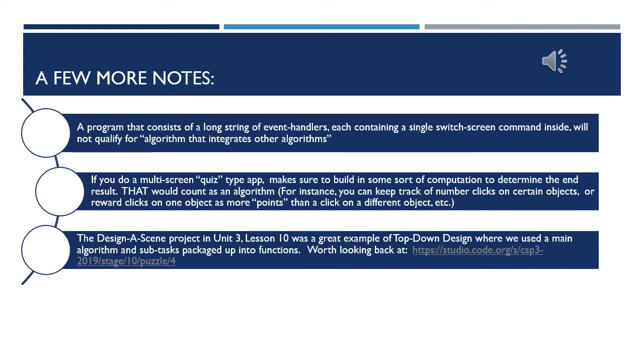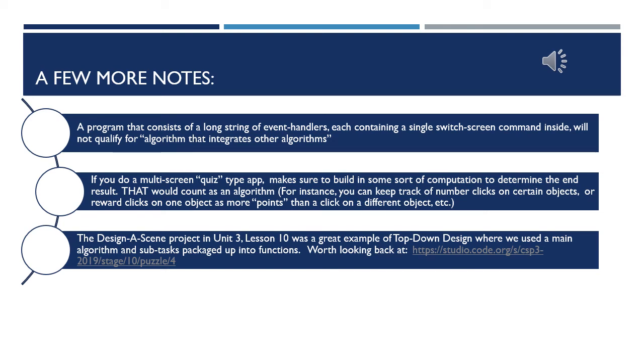For example, if you make a variable that counts the number of times a person clicks on something, or if they click on this object, they get this many points behind the scenes, they don't even know it, versus they get fewer points on that. And then at the end, you calculate something and you produce a result that's different based on that calculation. That would possibly lend itself to being more of an algorithm that you could write about.